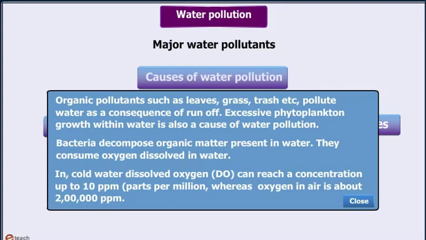In cold water, dissolved oxygen (DO) can reach a concentration up to 10 ppm, that is parts per million, whereas oxygen in air is about 2 lakh ppm.